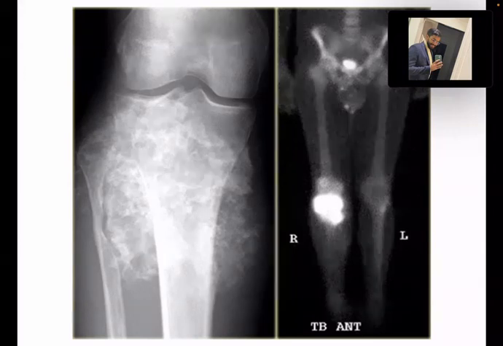It has a soft tissue component. It's mixed osteolytic and sclerotic in nature. It is ill-defined with a wide transitional zone, with a prominent periosteal reaction noted on the medial and lateral side.